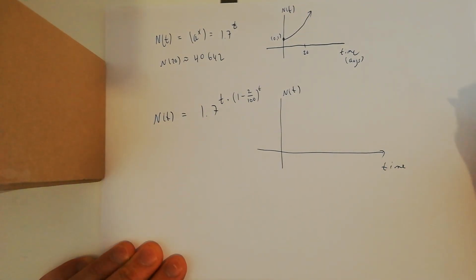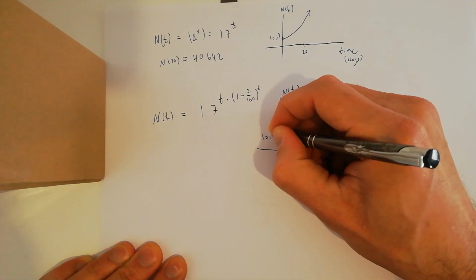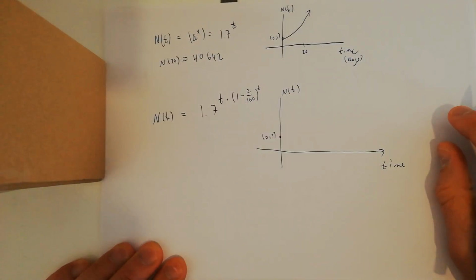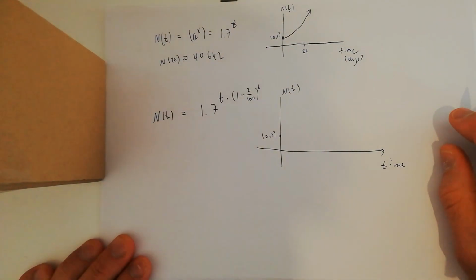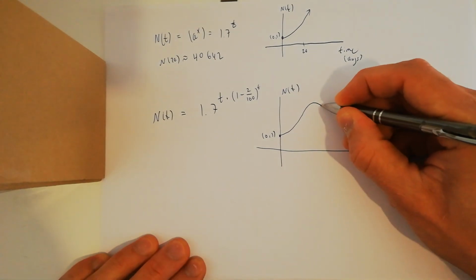when t is 0, of course, it passes through the point 0, 1, same as the other one. The difference is that this function grows until it reaches a maximum, and then it decreases.